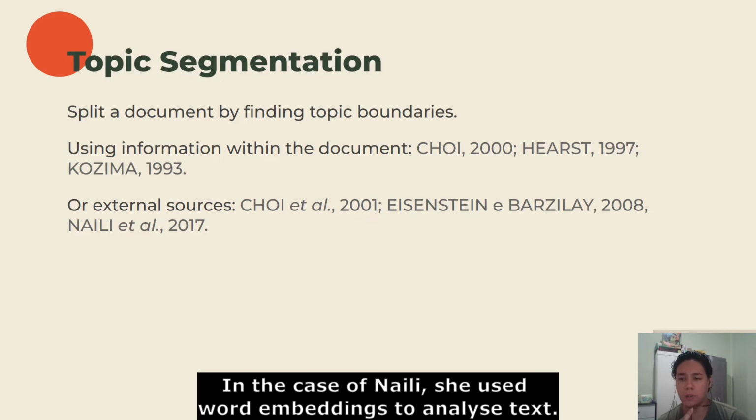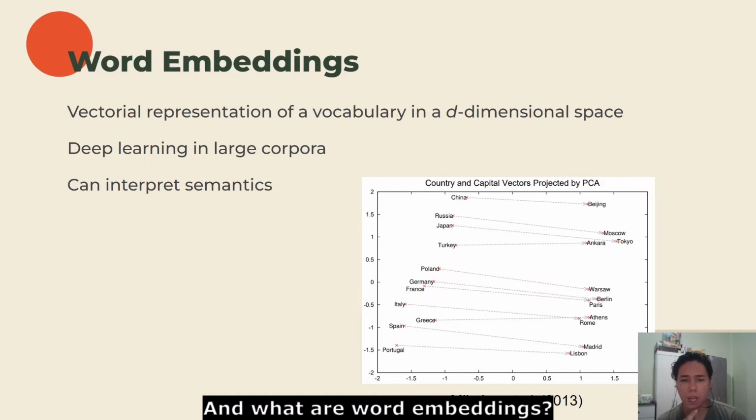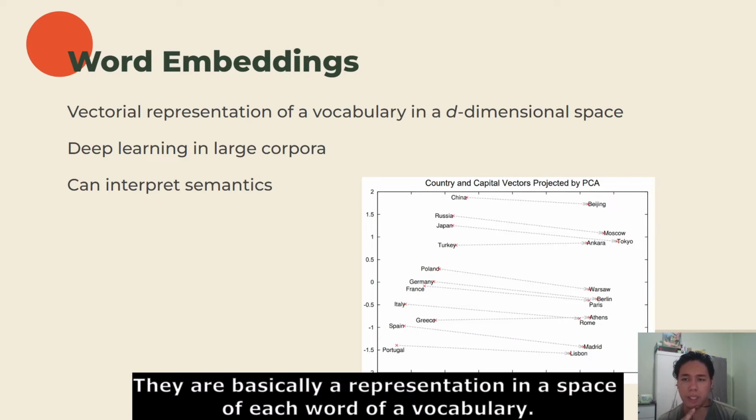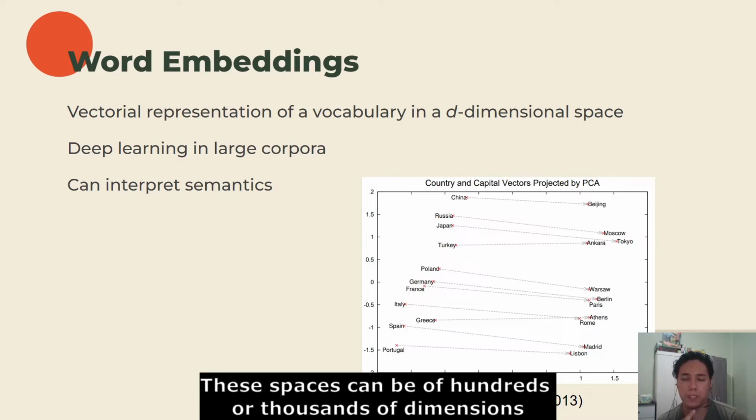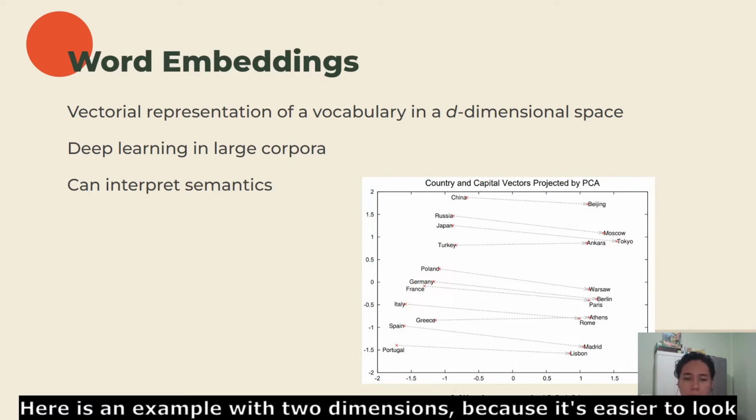In the case of Niley, she used word embeddings to analyze text. And what are word embeddings? They are basically representations in a space of each word of a vocabulary. These spaces can be of hundreds or thousands of dimensions. And here I bring an example with 2 dimensions because it's easier to look at.